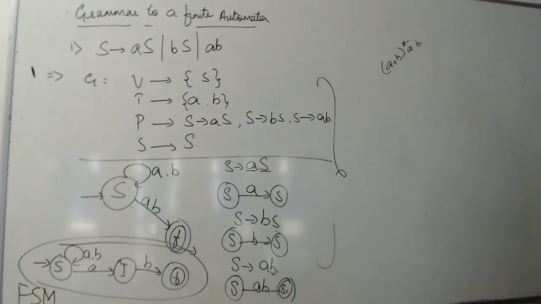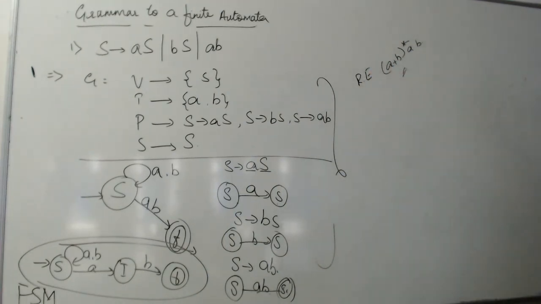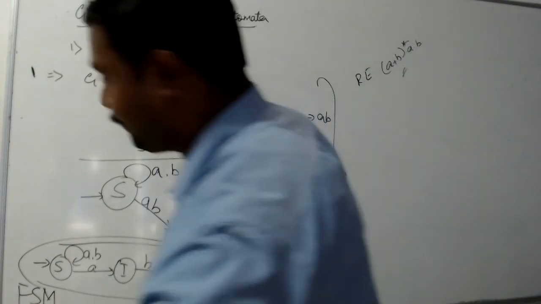A AB or B AB or B A A B, and this will be your final result, RE. If it is asked to convert for a regular expression, this will be the thing. Clear? Okay. Now we'll move on to our next problem.